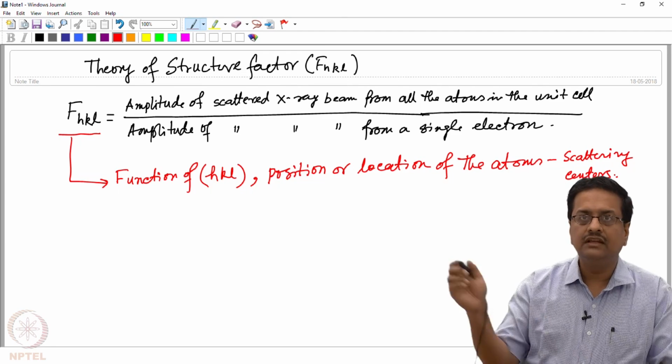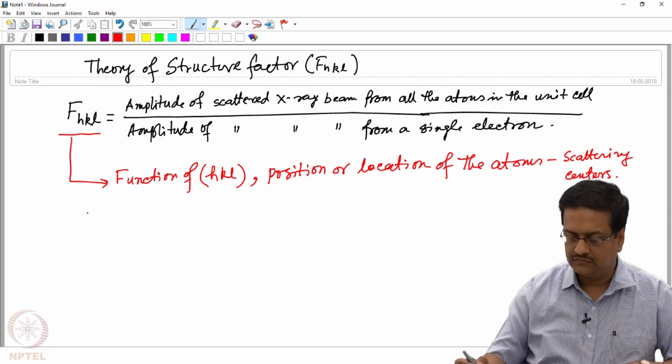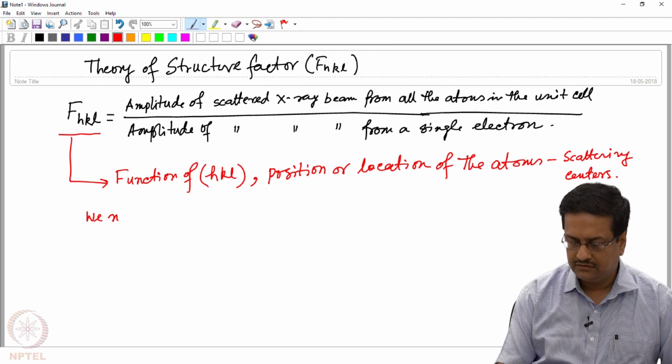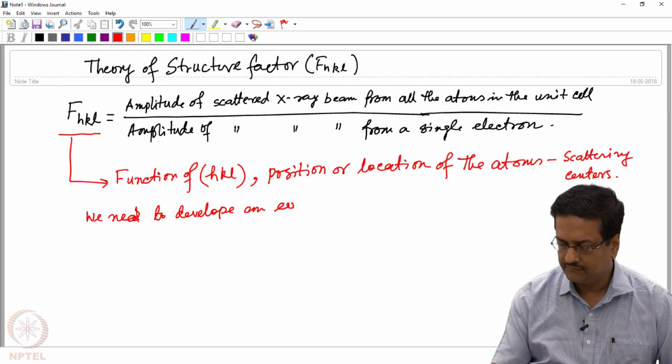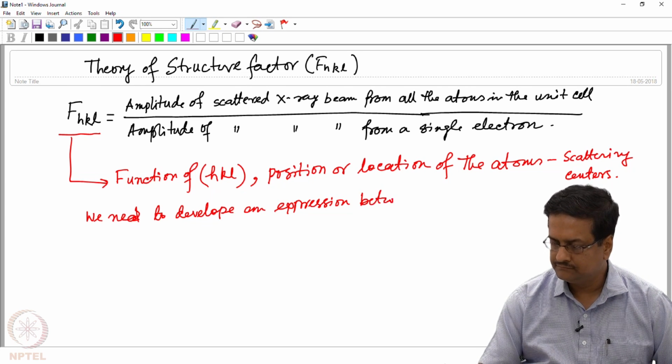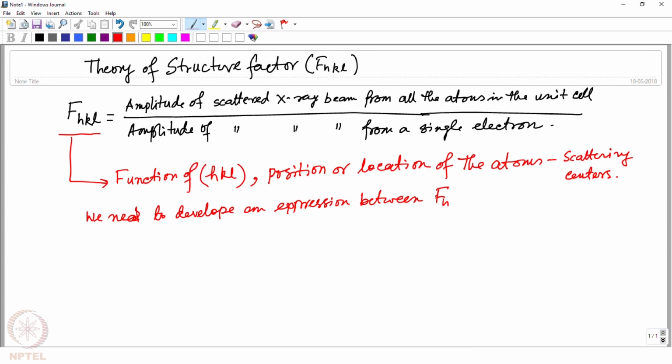So, what we need is to develop an expression between FHKL and rho xyz, where rho xyz is the electron density associated with the atom location xyz, and there may be n number of atoms located at n different sites in the unit cell.